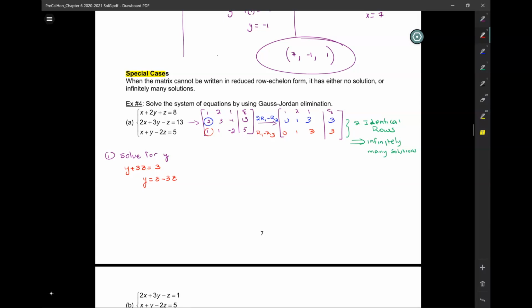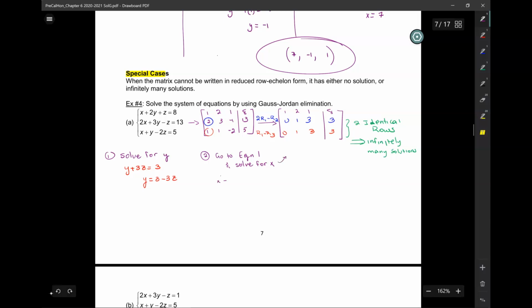And you're going to have z in there. That's okay. All right. Then step 2 is you're going to go to equation 1 and solve that one for x. So what does equation 1 tell us in that matrix?